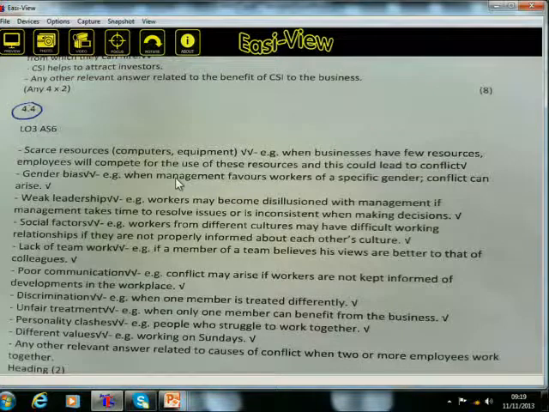To further explain this topic, I would like us to look at the March 2013 question paper that will give us the concept of entrepreneurial qualities. March 2013, 4.1.